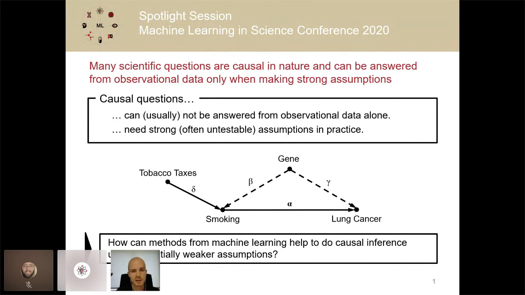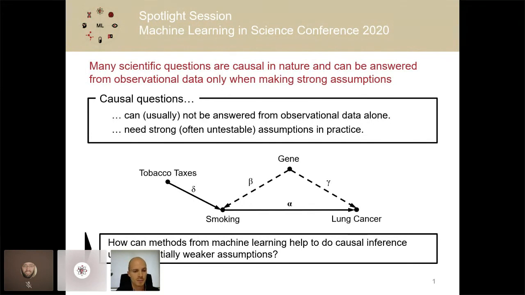Strong and untestable assumptions like this have to be made very often when estimating causal effects in practice. In many cases, these assumptions might be quite questionable. That's why researchers in causal inference are always interested in weakening assumptions. With weaker assumptions, it might be possible to estimate causal effects that could previously not be estimated.